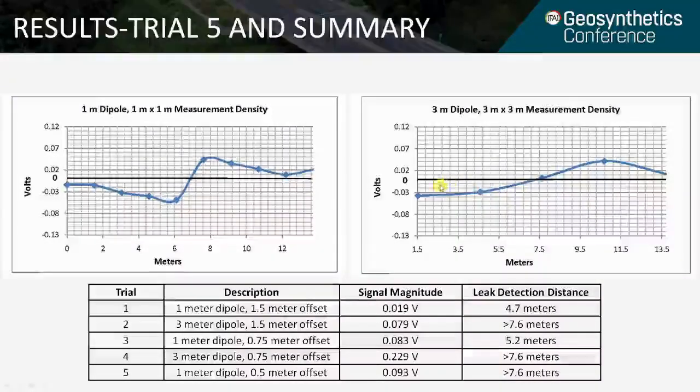And when you look on the left side of the graph here, the 3 meter dipole provides a stronger negative value further away from the simulated leak. A summary of all of the signal magnitudes and estimated leak detection distances is listed on the table below here.